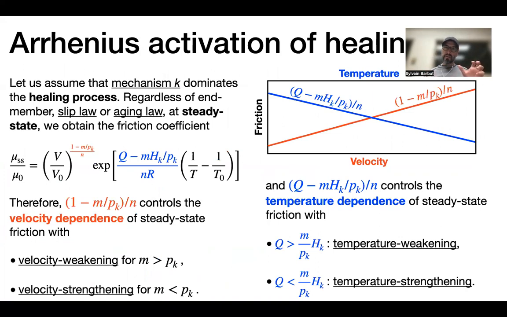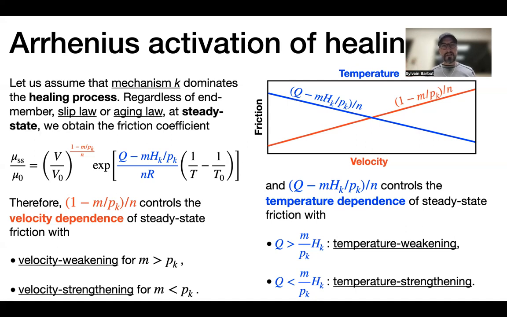But if we consider one at a time, we can find closed form solutions and understand the system a little bit better. So if one mechanism dominates, we can neglect the others, and we can look for a steady state solution. That is given to us by this formulation here with the steady state friction coefficient, which is a function of velocity raised to a power, and of temperature raised to a power.